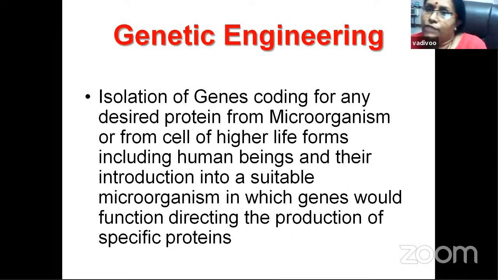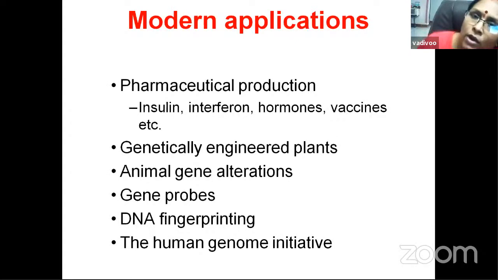It is isolation of genes coding for any desired protein from a microorganism or a cell of higher life forms, including human beings, and their introduction into a suitable microorganism in which the genes would function, directing the production of specific protein. These are the modern applications: pharmaceutical production of insulin and interferon, genetically engineered plants, animal gene alteration, production of gene probes and DNA fingerprinting, and the human genome initiative.